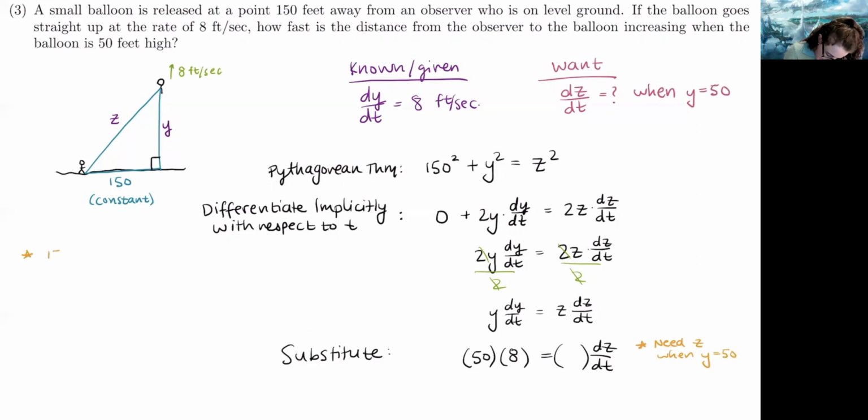Okay, so I know the equation that relates the actual values of y and z is the equation 150 squared plus y squared equals z squared. So let's put in 50 for y. So let's see, 150 squared is 22,500. Let's add 50 squared, so it'll give us 25,000.